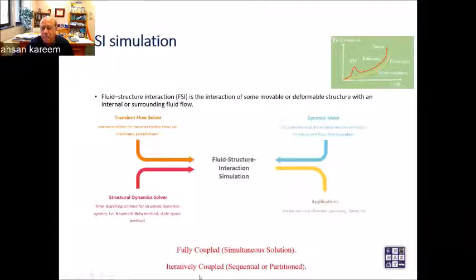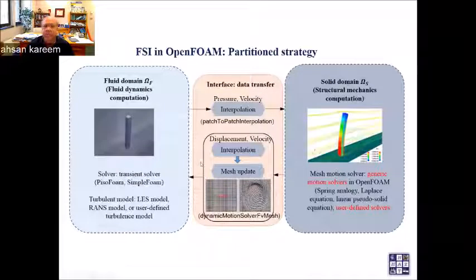Mostly people in our area use iterative coupling, sequential or partitioned. Just to give you a picture, you have a fluid dynamics domain, a solid dynamics domain, and this interface which transfers information, has to do interpolation and other things, and grid modification, and goes back and starts the next time step. And there has to be some iteration done in between.